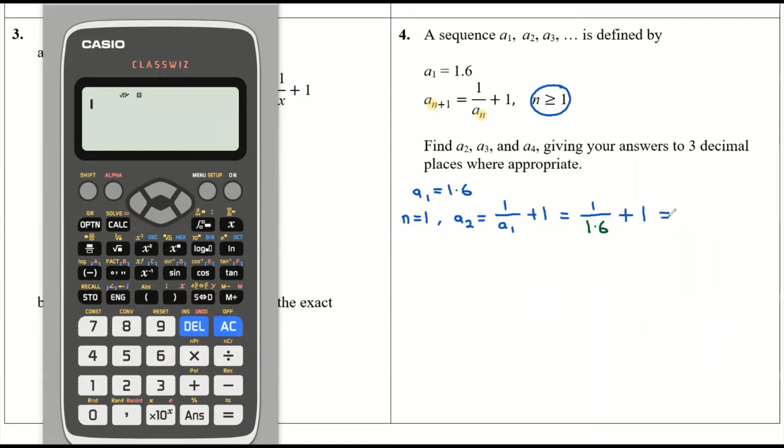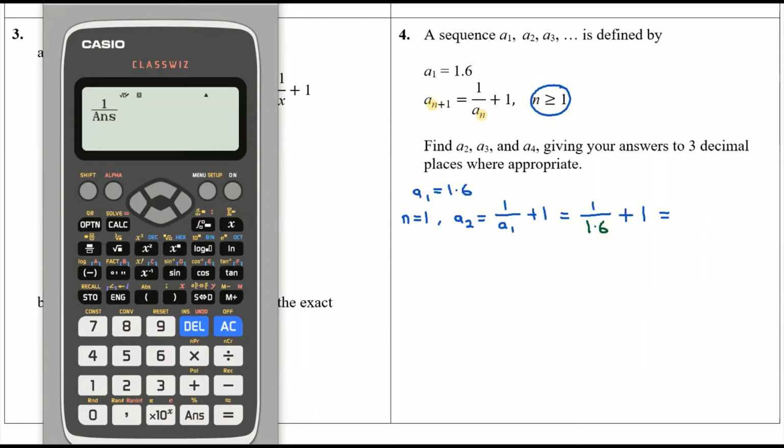Now, I'll show you how to use your calculator in an effective way for using these recurrence relations. So if we put in 1.6 first of all, so let's go to mode 1, 1.6, press equals. Okay, you can change it to a decimal if you like. Now, what we can do is we can now put in the recurrence relation. So the recurrence relation says that you take 1 and then you put that over the answer, which was the 1.6.